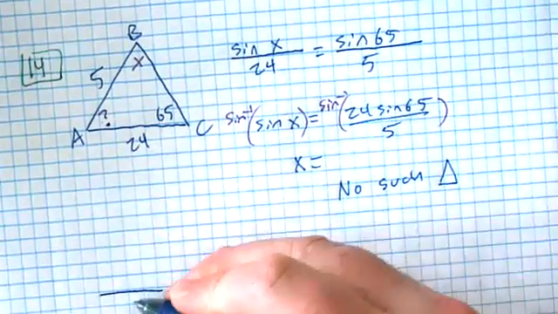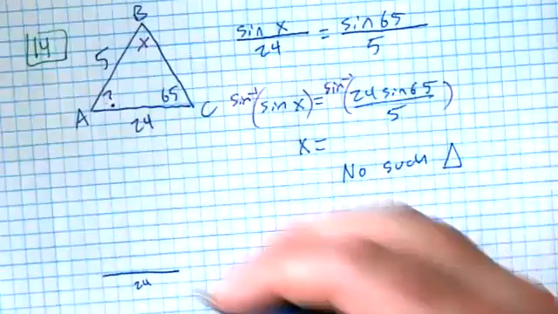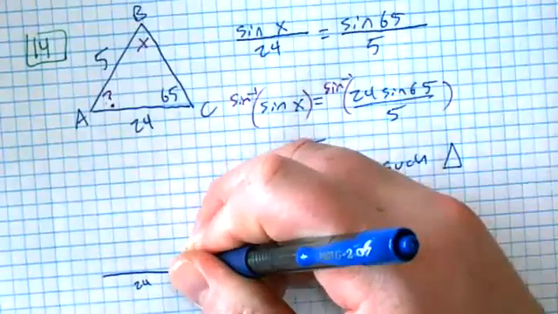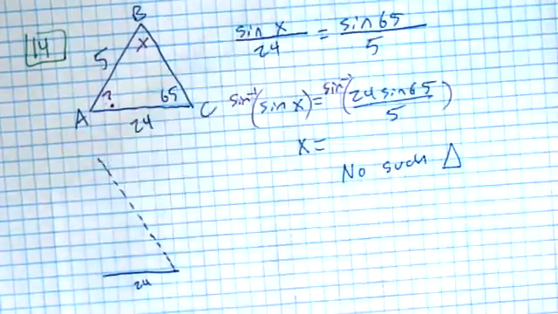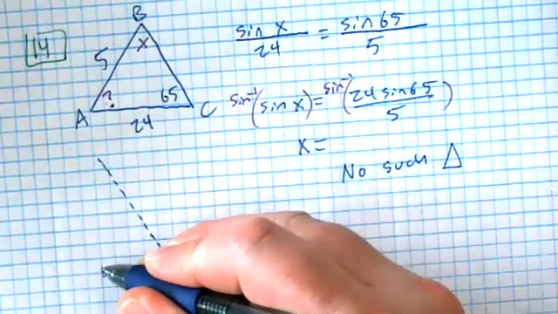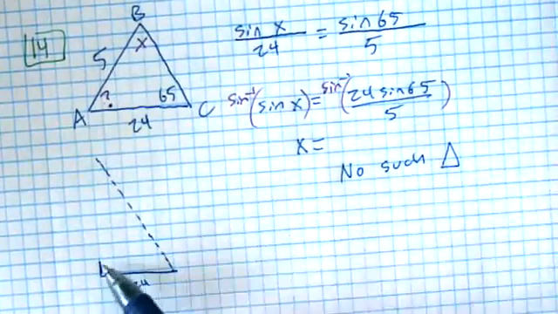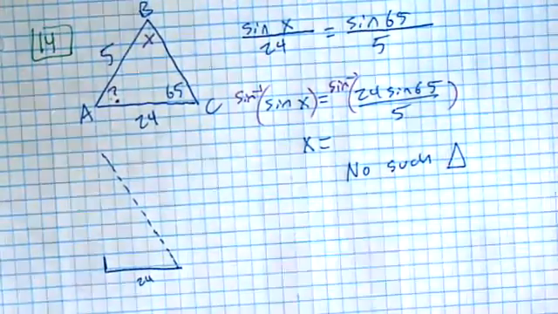So this is my 24, a little bit shorter than 25, right? The 65-degree angle is going to be shooting off at about this angle. Now, I don't know how long this side is right here, but this side right here is only 5 long. So is this side ever going to meet up with this side? Answer is no. So it is physically impossible to build a triangle to the specifications that they've given us.